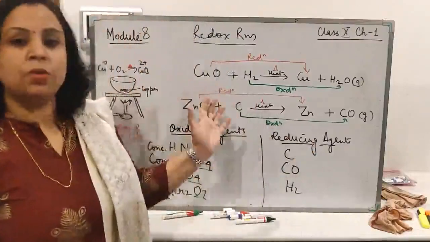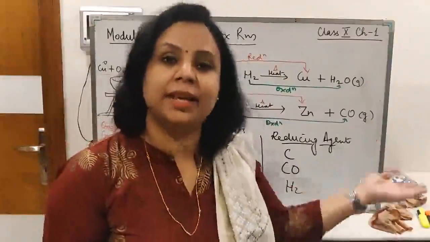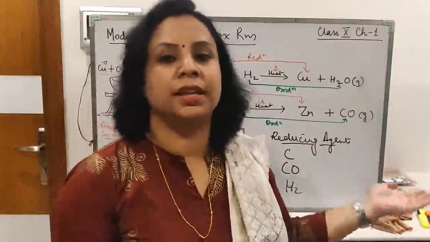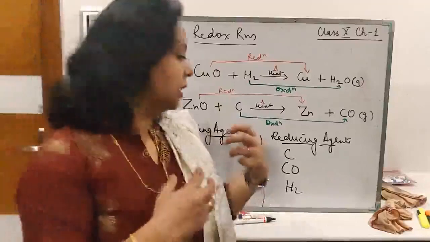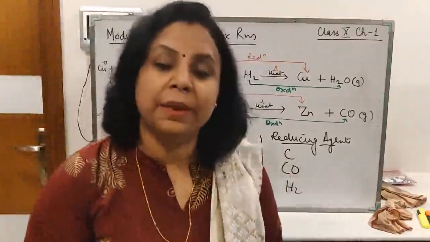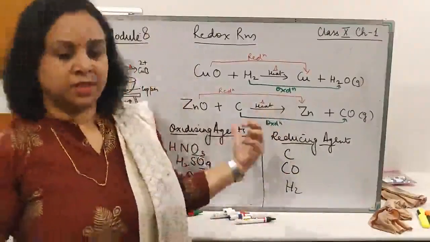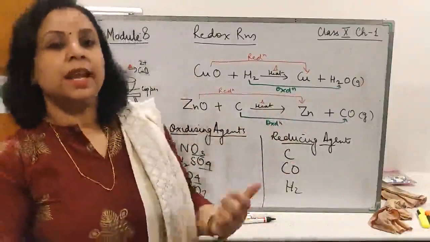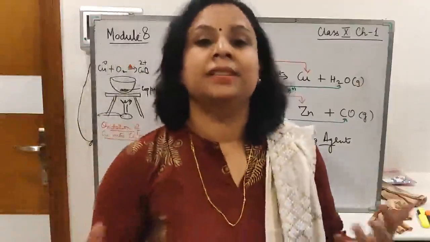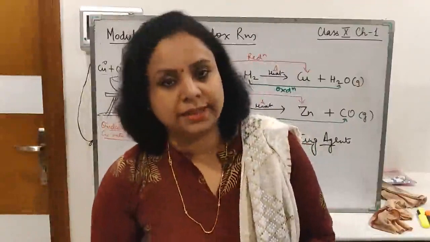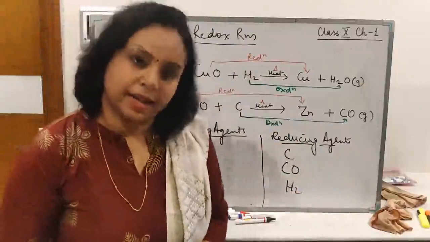Then we studied how we can identify which substance is getting oxidized and which substance is getting reduced in a chemical reaction. We also studied how the oxidizing agents are helping in the process of oxidation by themselves getting reduced, and some examples of common oxidizing agents, and how reducing agents are helping in the process of reduction by themselves getting oxidized in the process, and some examples of common reducing agents.